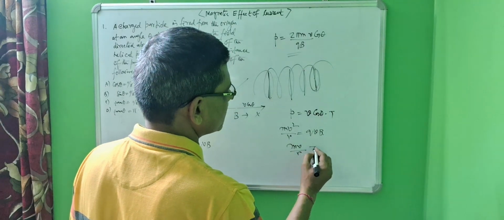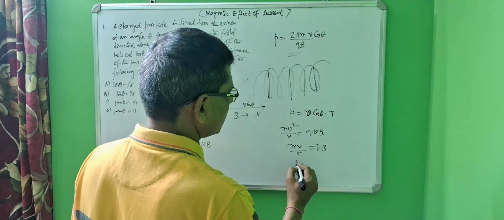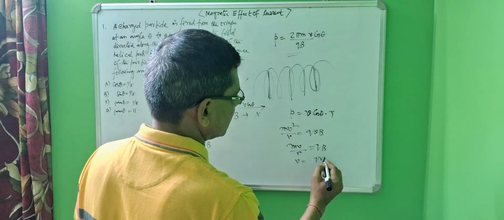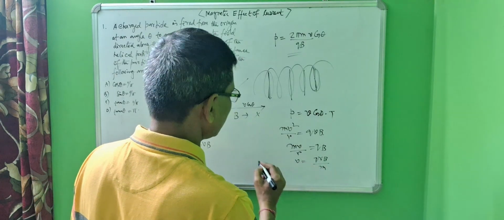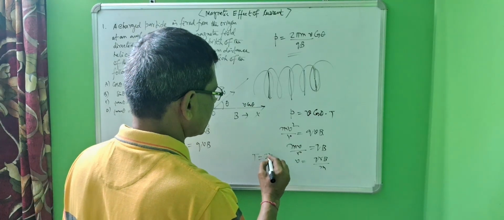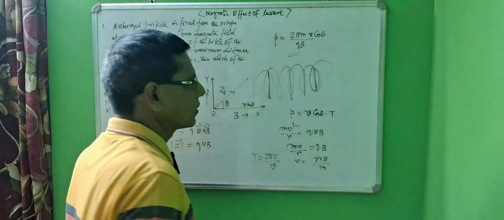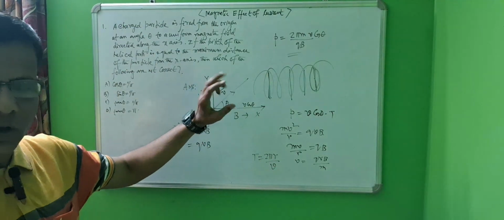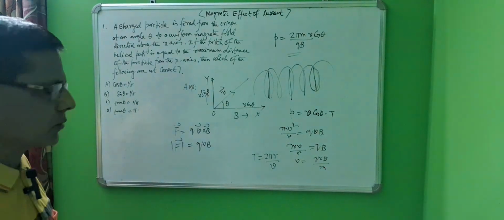MV upon R equals to QB. After all, V equals to QBR upon M. Now T equals to twice pi R divided by V. So it is the time period of the circular path.